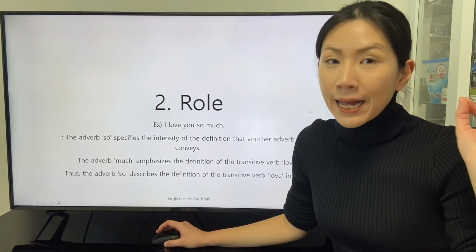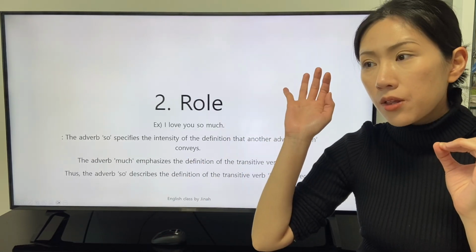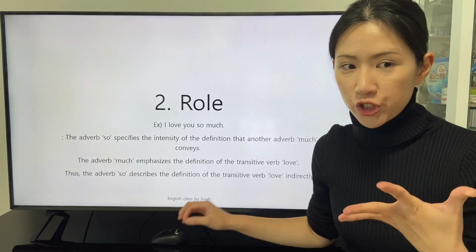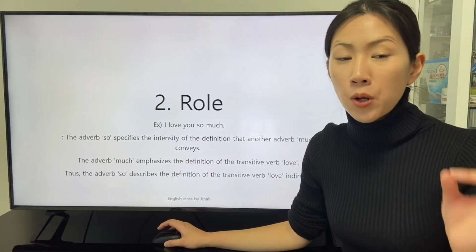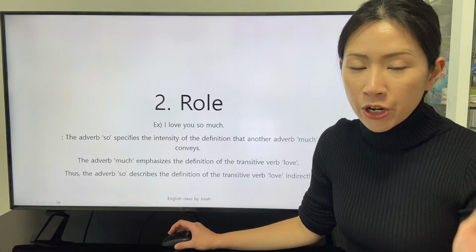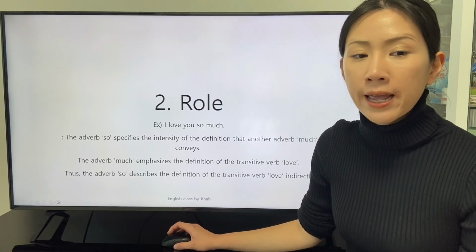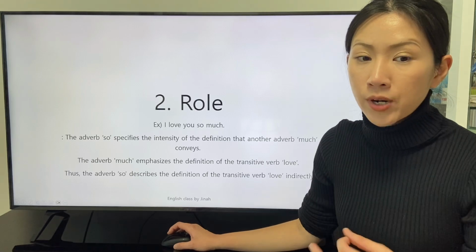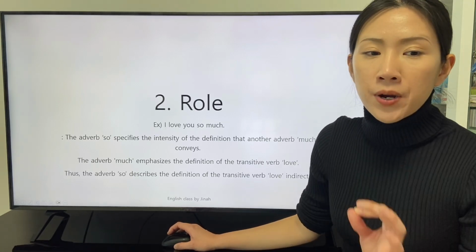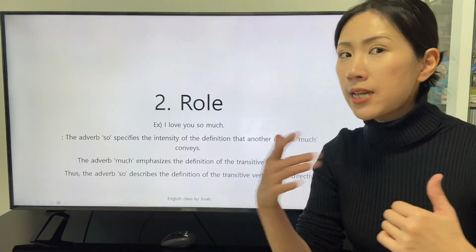The other adverb so describes the definition of adverb much. The adverb so specifies the intensity of the definition that another adverb much conveys. The adverb much emphasizes the definition of the transitive verb love. Thus, the adverb so describes the definition of the transitive verb indirectly.